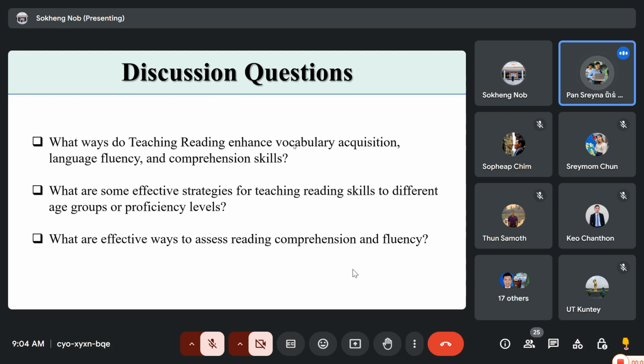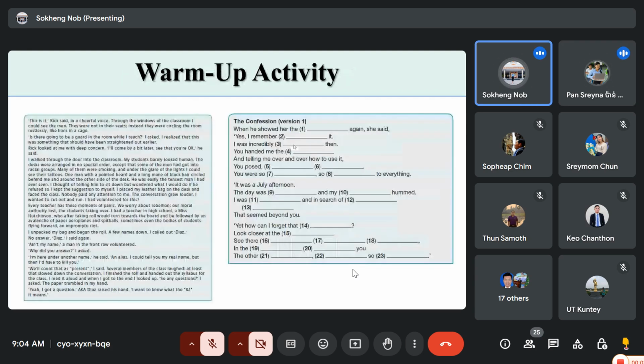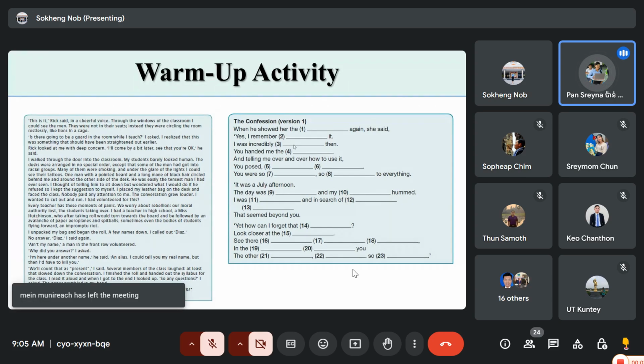Let's move next. This is one of the interesting parts. I really want the participants here to contribute to my presentation and interact if you want to share something. I know most of the participants here are teachers, so maybe you have some experience teaching reading.